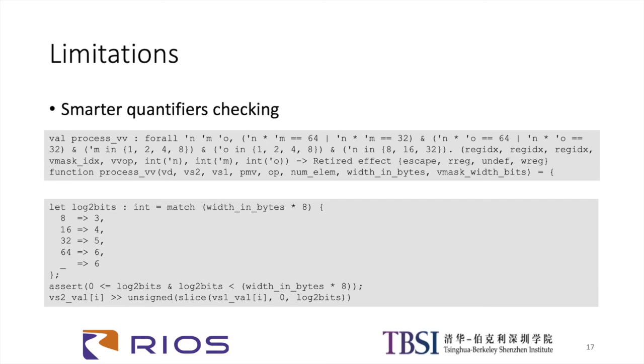But the constraint statement, which defines the range of log2 bits, is still required to compile. Otherwise, a could not resolve quantifier error will occur. Therefore, we believe the tool can be smarter when trying to figure out the possible values of certain variables.